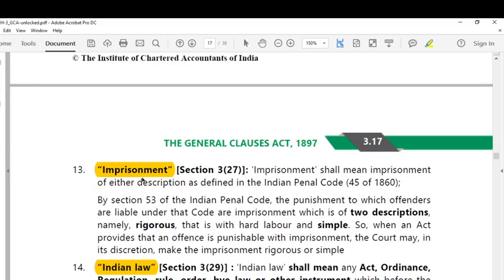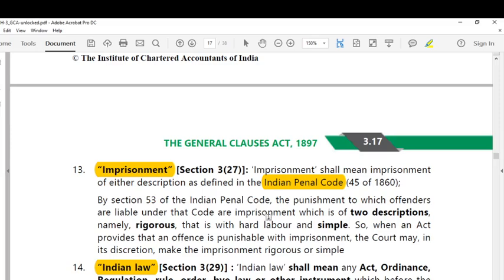Next one is about imprisonment. It shall mean imprisonment of either description as defined in IPC. So as it is defined in the Indian Penal Code, the imprisonment will follow.